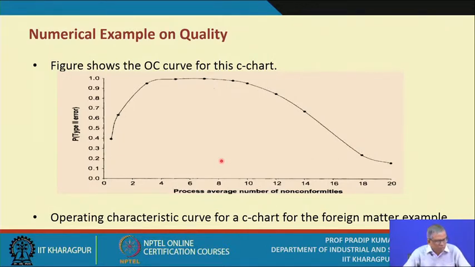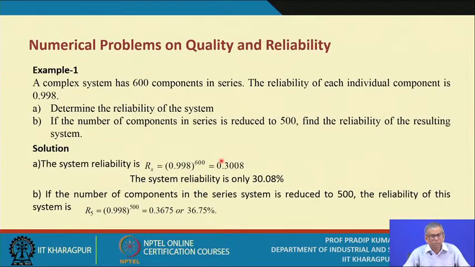This will be a good exercise for you. Whenever you use a control chart, you must be in a position to construct the OC curve, and looking at the OC curve you can well interpret the performance of your control chart.